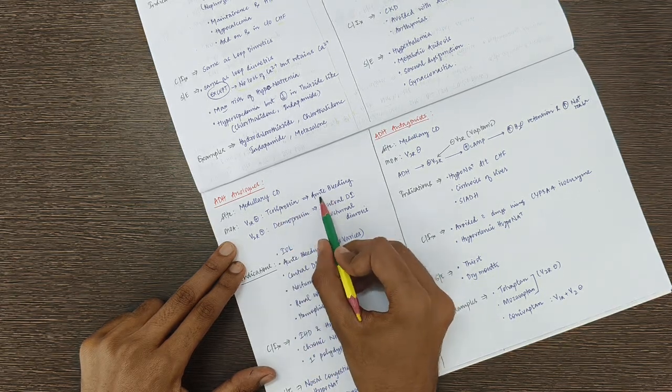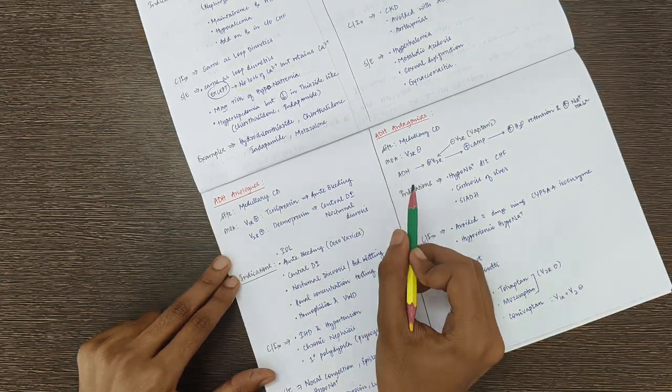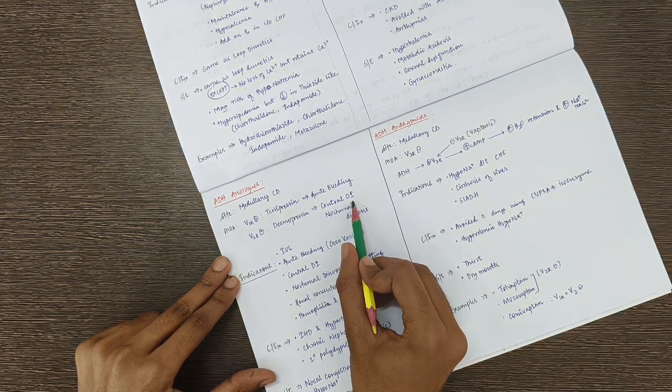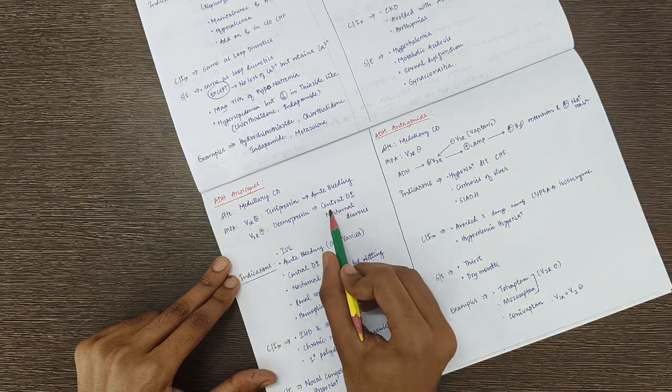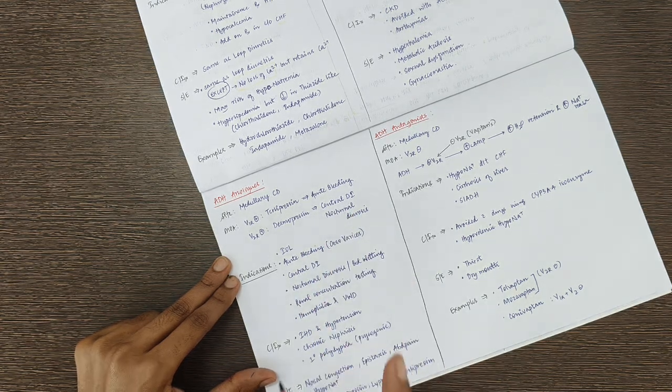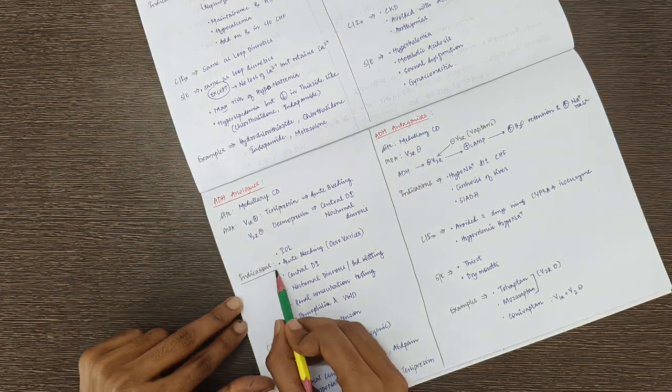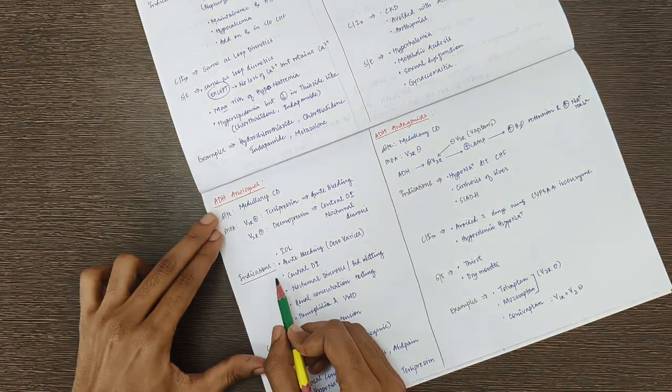Terlipressin is used in case of acute bleeding in esophageal varices, whereas desmopressin is used in case of central diabetes insipidus. I told you in case of central diabetes insipidus it is desmopressin, whereas in nephrogenic it is hydrochlorothiazide, a thiazide diuretic. What are the indications for these ADH analogs?